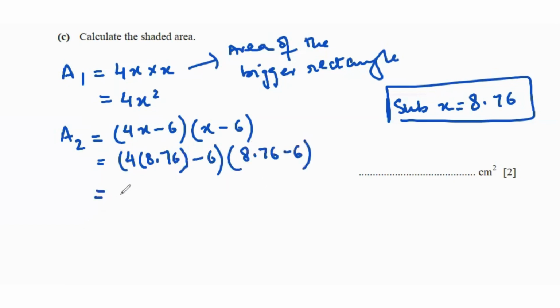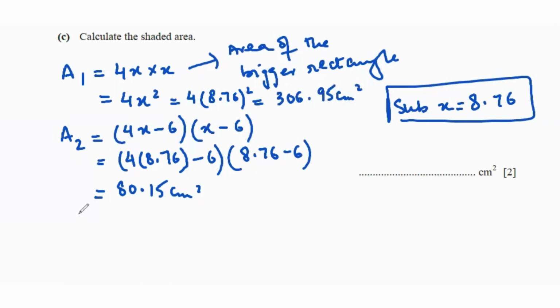And that gives us 80.15 centimeters squared. And for this, it's going to be 4 times 8.76 squared. And that's going to equal 306.95 centimeters squared.